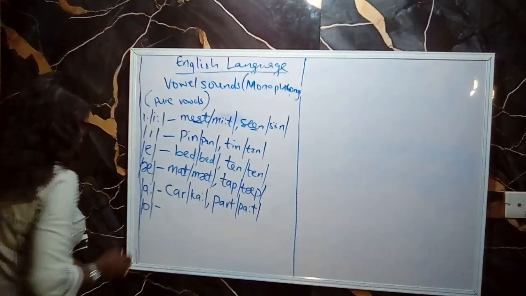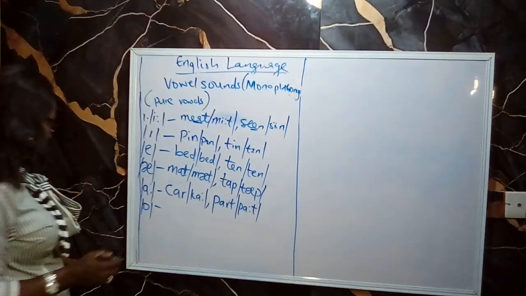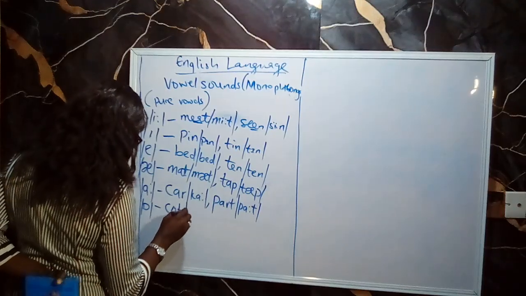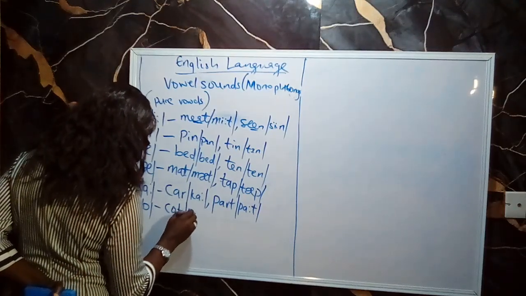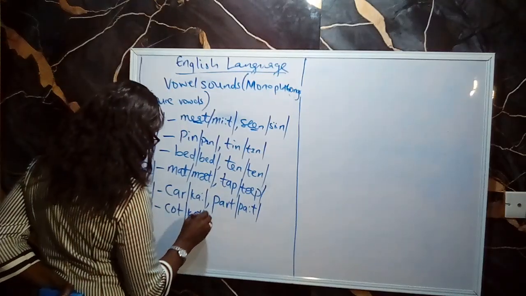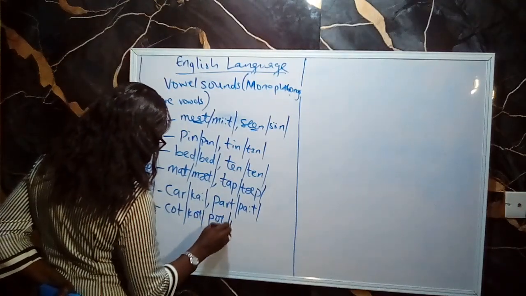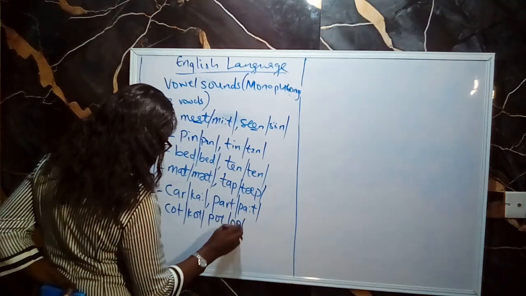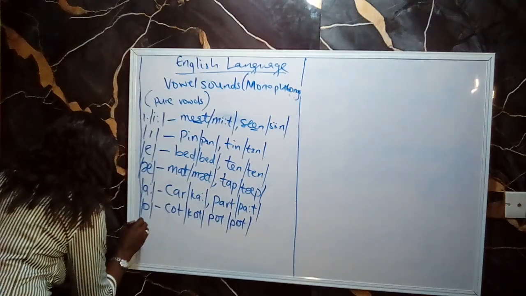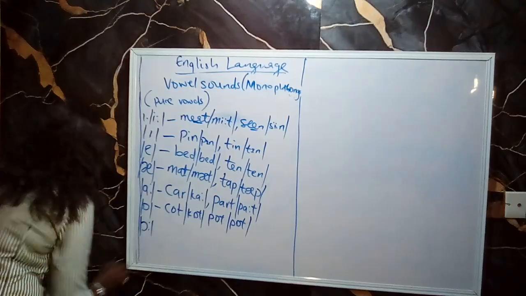After this we have o. Then under o we have cut. We also have pot. Then the next one is aw. Long again.